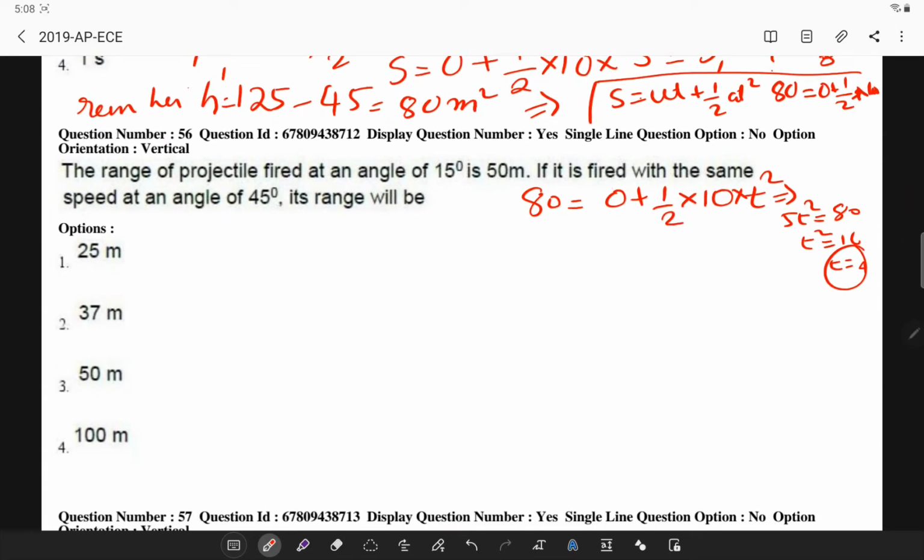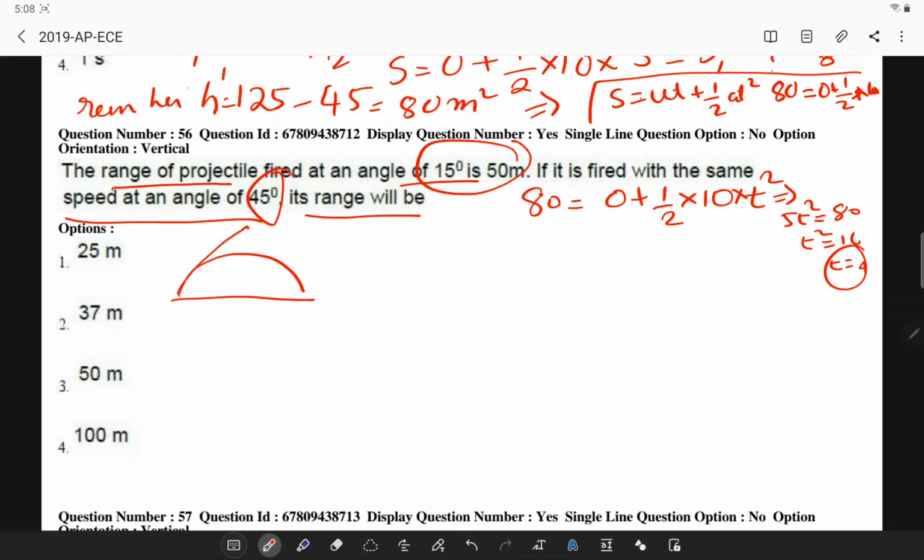So what is the range? The range of a projectile fired at an angle of 15 degrees is 50 meters, and if it is fired with the same speed at an angle of 45 degrees, what will be the range? So at 15 degrees angle I am firing it, and the total distance here is 50 meters.